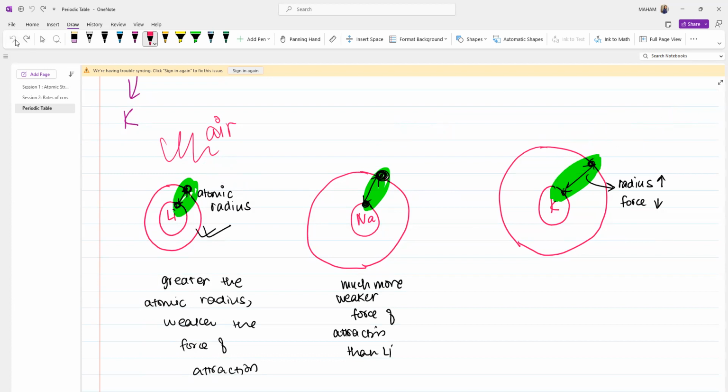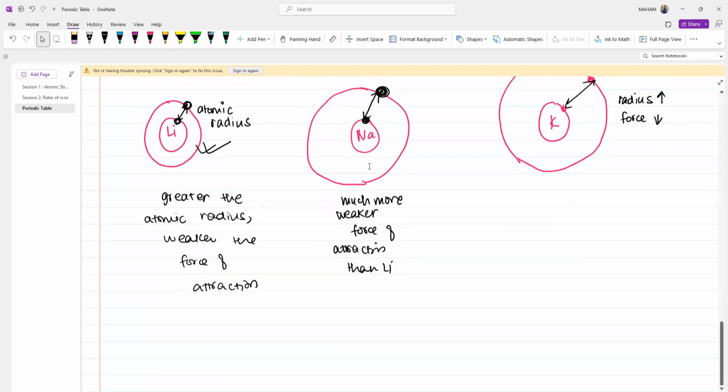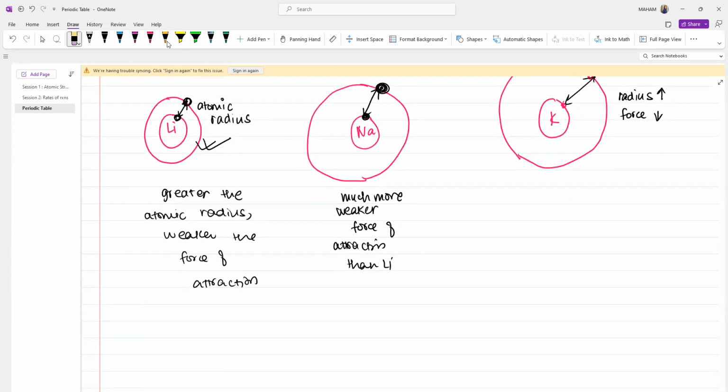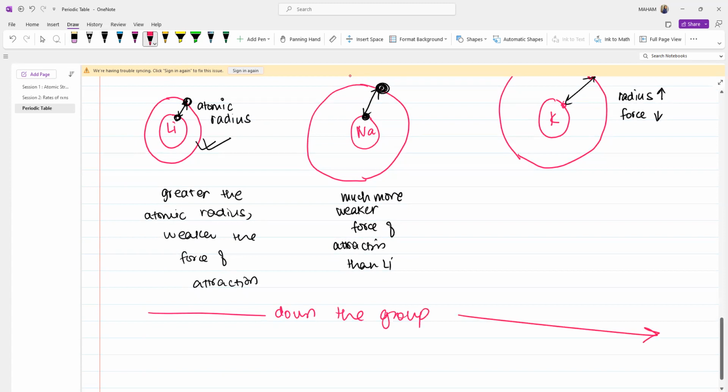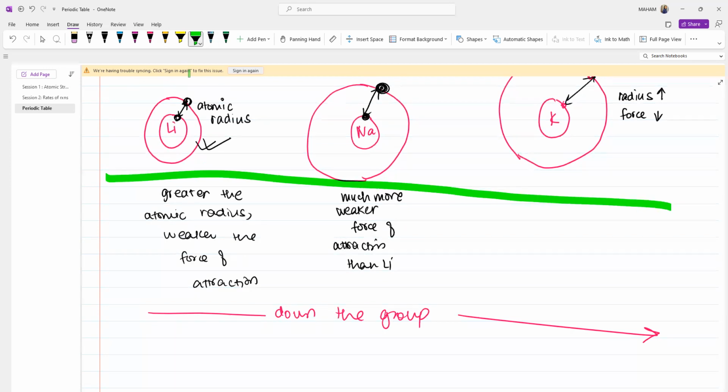So basically, that's what they mean when they say as you go down the group, your reactivity increases or decreases. Going down the group like this: lithium, sodium, and then potassium.